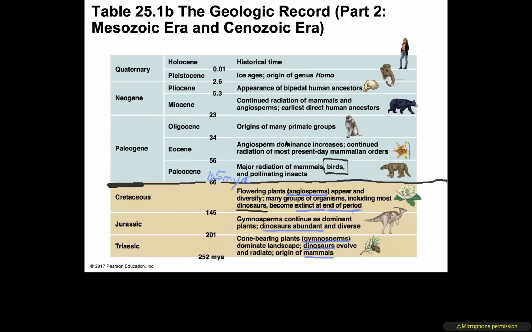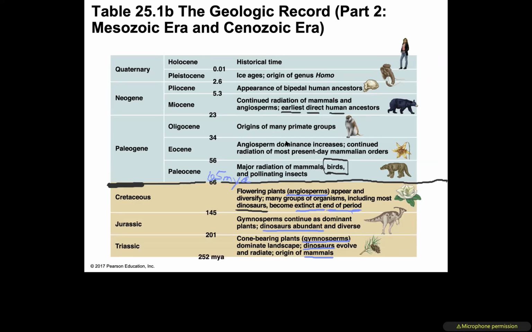The continued radiation of mammals and angiosperms. Look at this. So we are looking at 23 million years ago, the earliest direct human ancestor. Okay, so when I say 23, it's really in this area between 5.3 to 23 million.